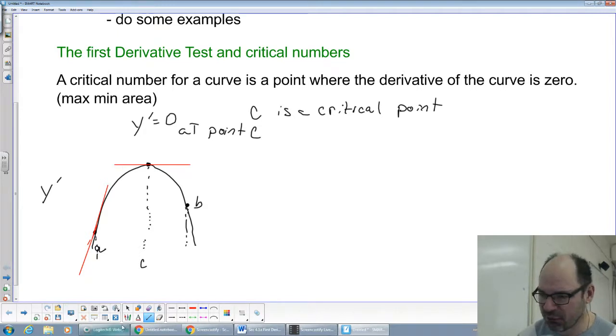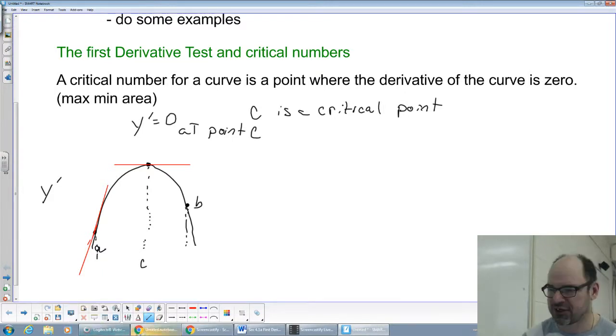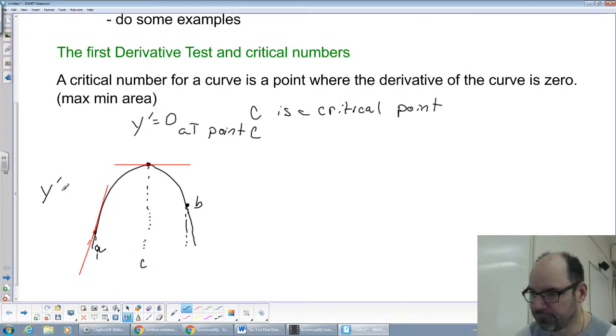So that means the slope, the derivative, is positive at point A, so it's greater than 0. So we see that we have greater than 0 slope, 0 slope, less than 0 slope.